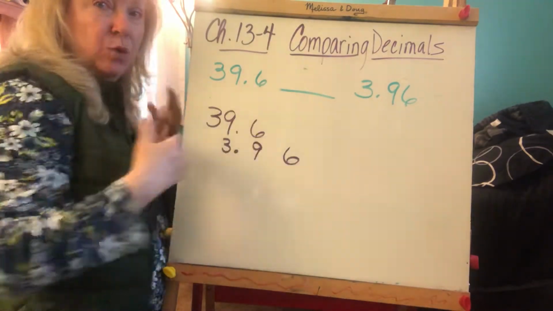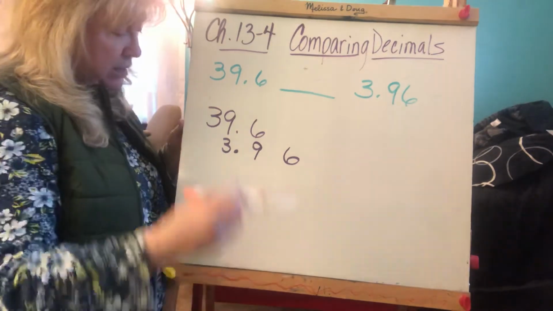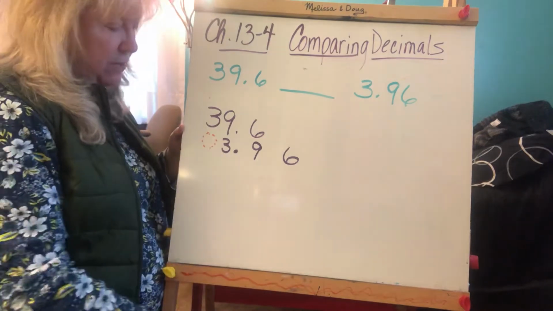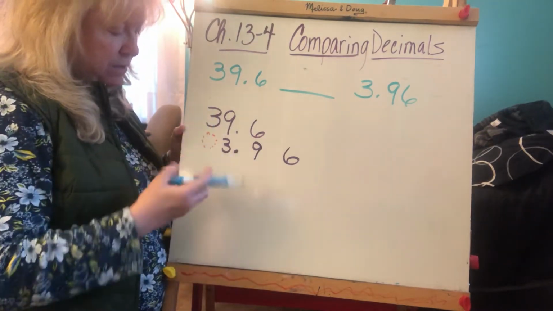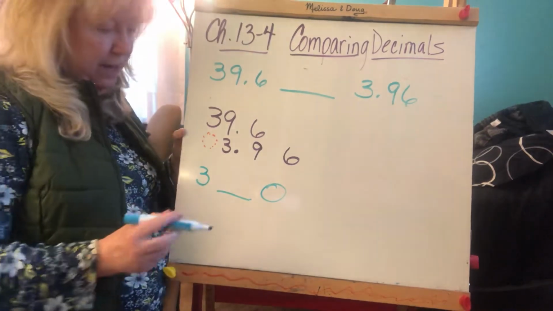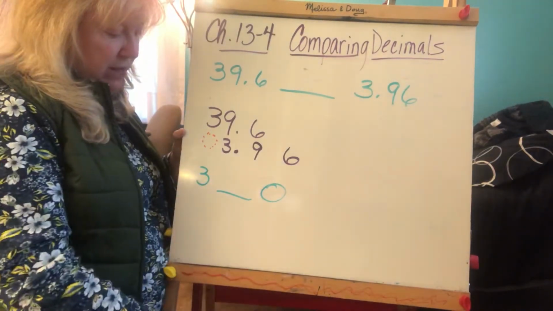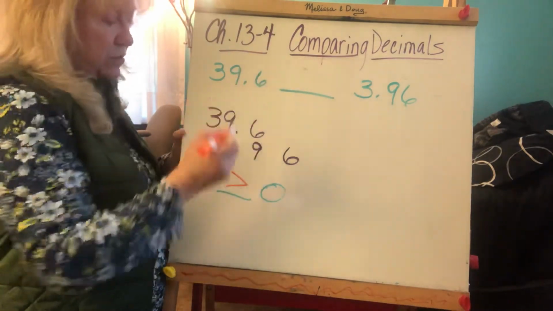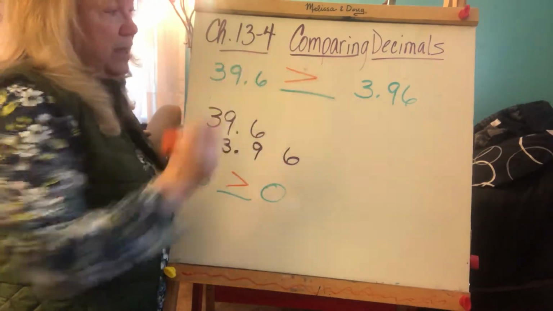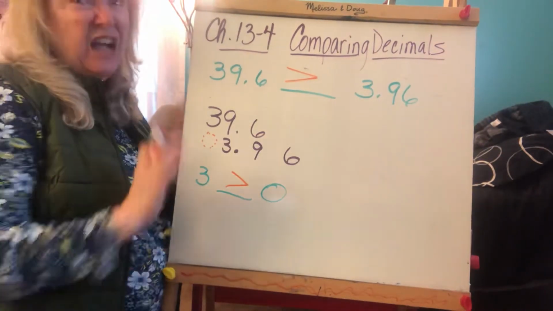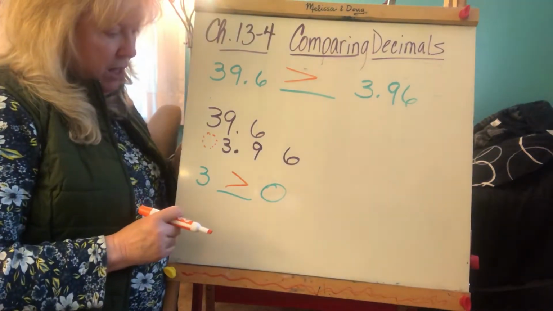Okay, now we're going to start at the left and we're going to work our way to the right until we get digits that are different. Now remember, we got an imaginary 0 here. 3 compared to 0. It's different, so we can stop right away. Is 3 greater than, less than, or equal to 0? It is greater than. So therefore, this whole number is greater than that whole number, entire number, okay?